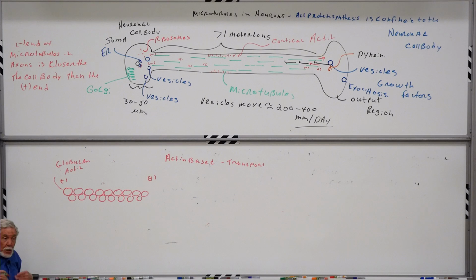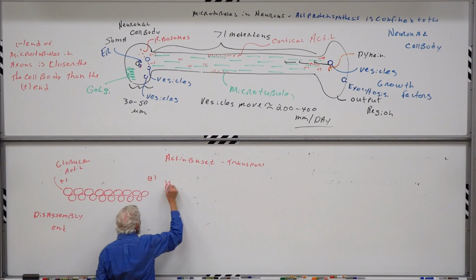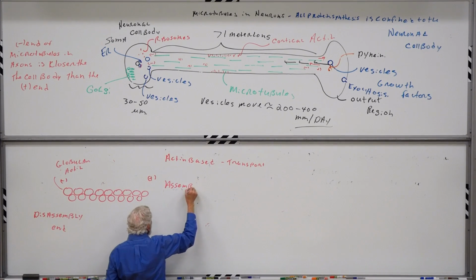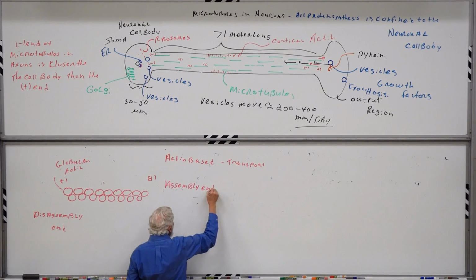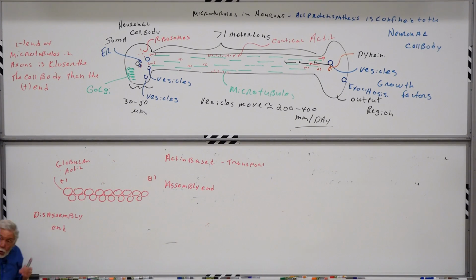And the terminology is the same. This is said to be the disassembly end, and this is said to be the assembly end. As with the microtubules, this gives us an orientation of the molecule.